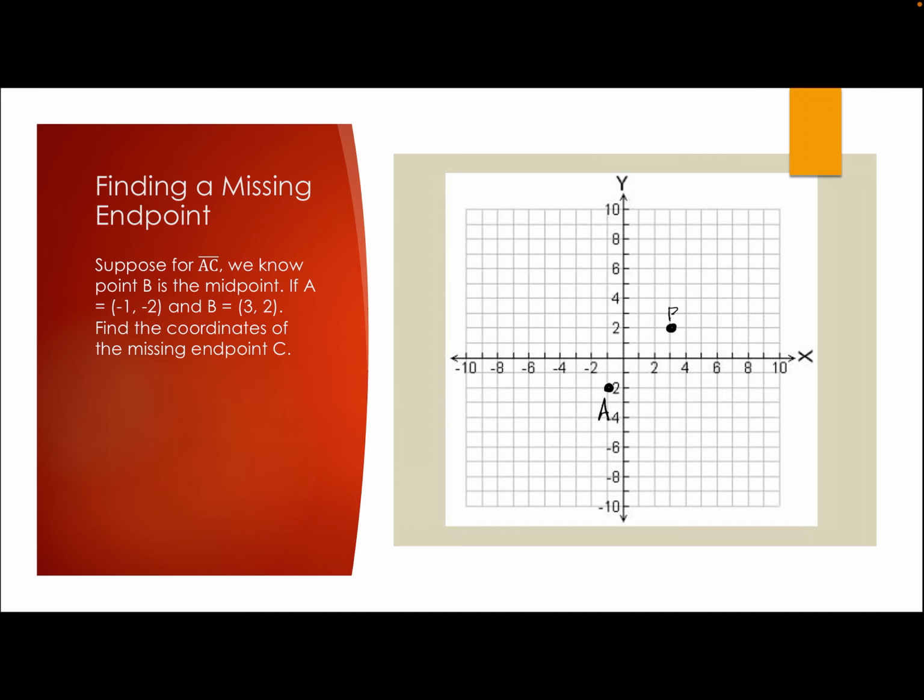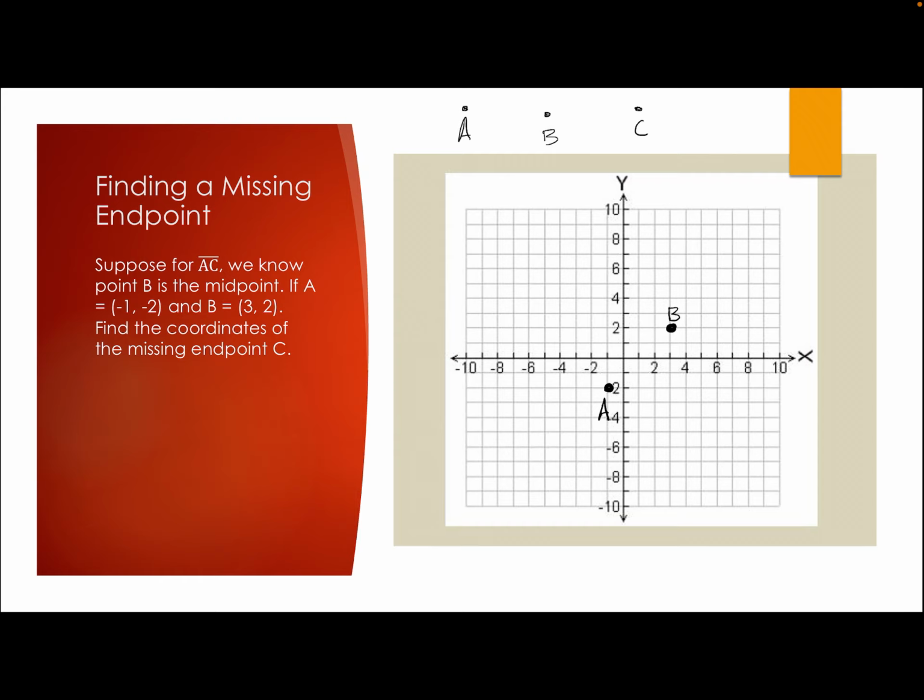So B is right here. So now we have a segment with A and C as the endpoints, and we know that B is in the middle. In this case, A comes before B, so C should be somewhere to the right of point B.